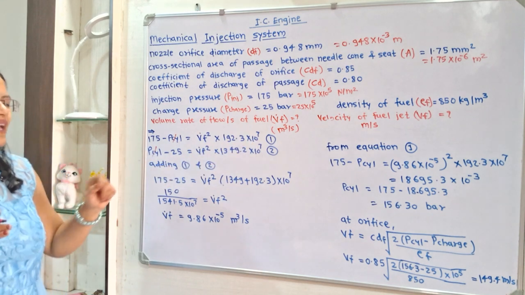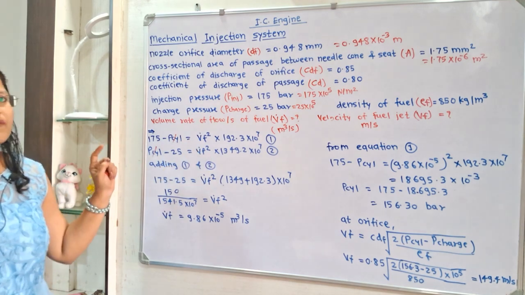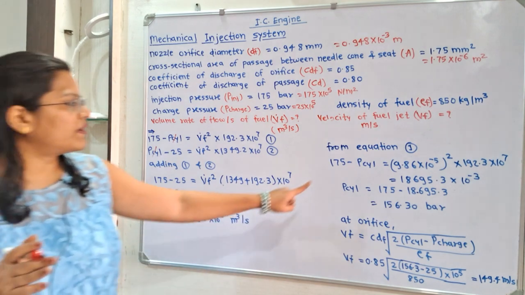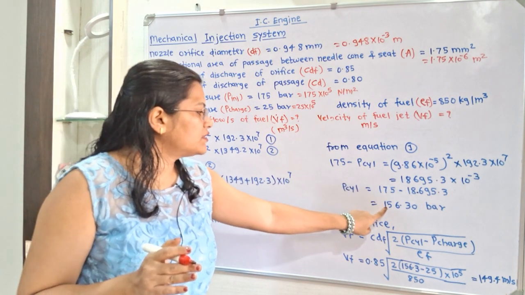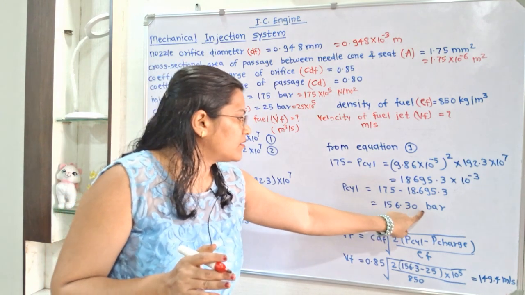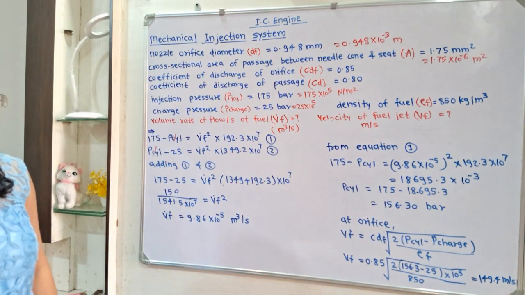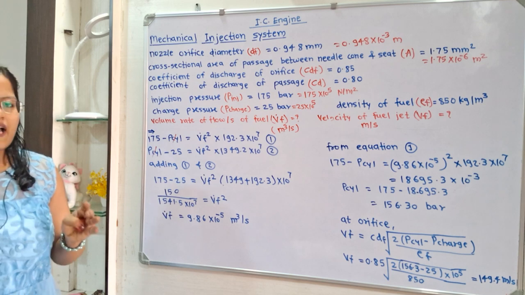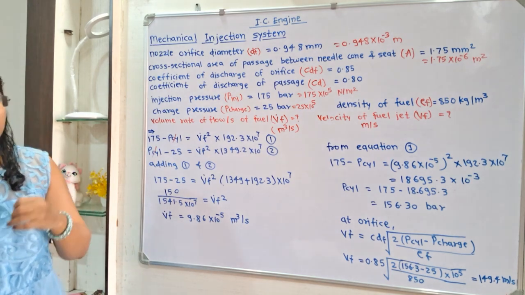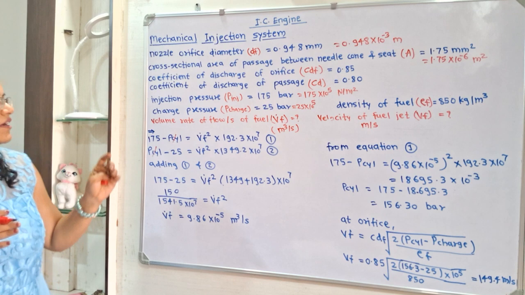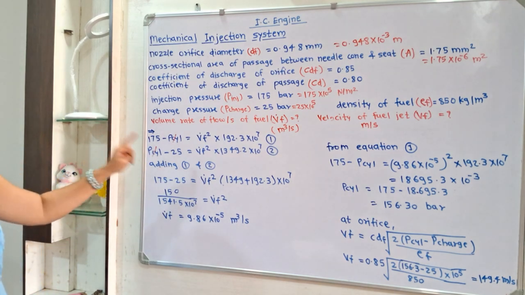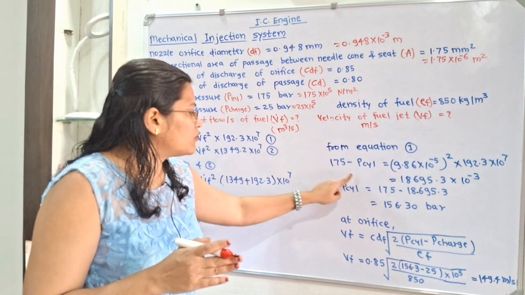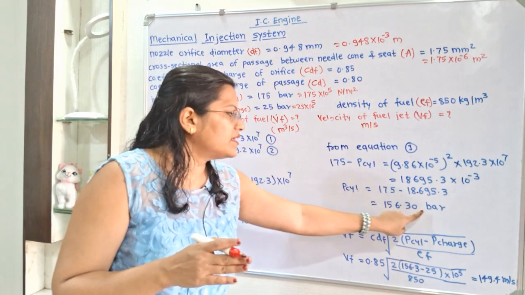We can put this value either in equation 1 or in equation 2, so we will select equation number 1. There is only one unknown term, P cylinder, and it is 156.30 bar. If we observe, we have assumed that P cylinder is in bar. In the earlier equation for V dot F, P cylinder is in bar, so here when we calculate P cylinder, it is in bar.